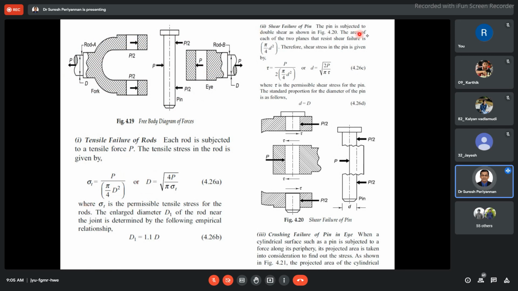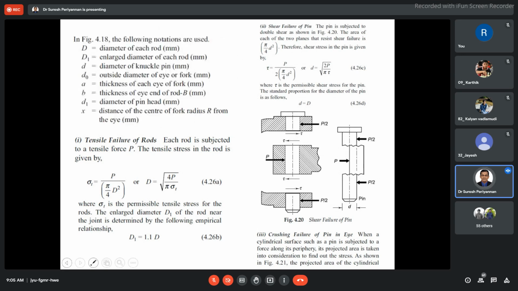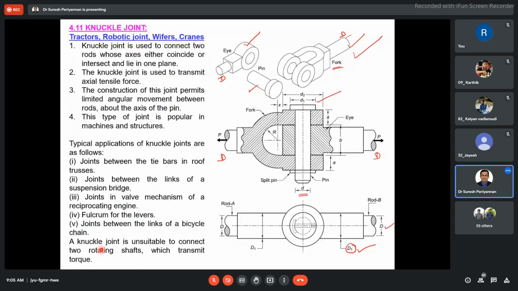Now I come to the shear failure in the pin. How many shear failures? Two failures, right? Because when we insert the knuckle pin through this, here is the force. See here, this is a clear view. Here is one shear, and another shear is going to be in this region. So two shears are presented in this joint.